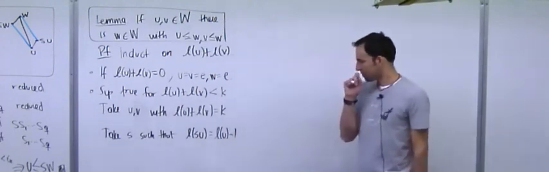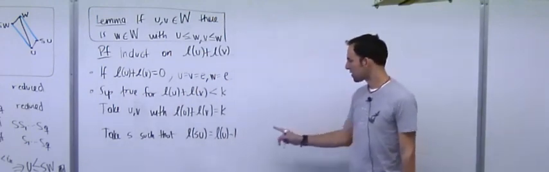Okay. Now let me ask you something. Why can I find this S? One way of finding it is just take some reduced word for u, and then let S be the first letter of that word. Okay. Implicitly, I'm assuming that there are letters in the reduced word for u, so I'm assuming that u has length at least 1.